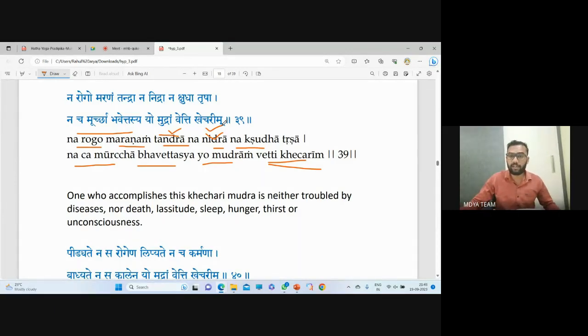And he will be fully active, so that he can survive without eating also. No need of eating if that yogi is practicing Khechari Mudra. Trisha: no need of drinking water also.